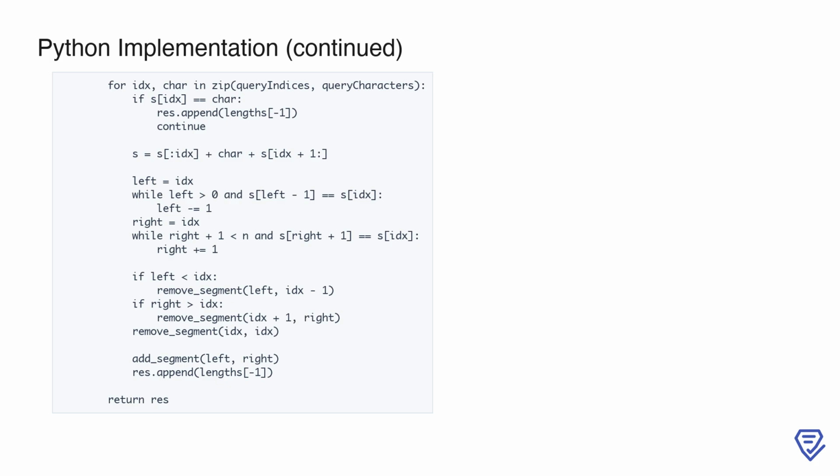Then, we determine the new boundaries of the segment by expanding left and right as long as the characters match the new one. If these boundaries split existing segments, we remove the old segments using the remove_segment function. Finally, we insert the updated segment into both lists with add_segment and append the length of the longest segment to res. At the end of all queries, the result list is returned.